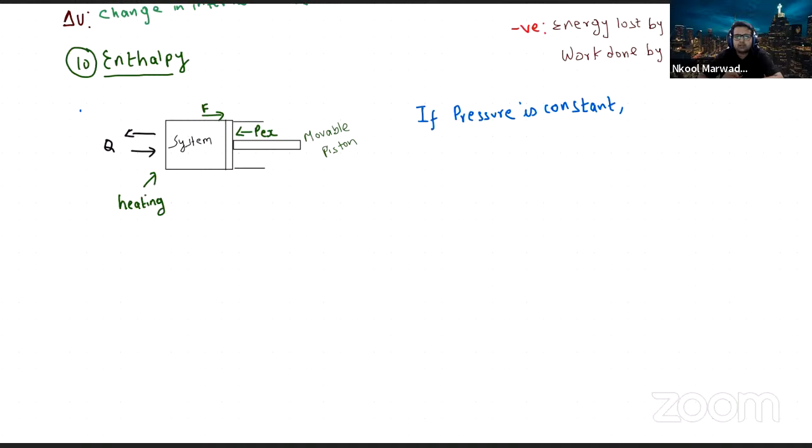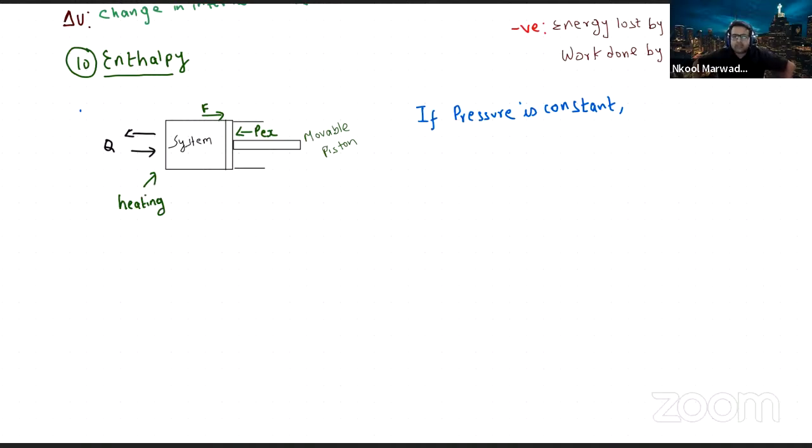Let us suppose pressure is constant, and I am doing work on the system, or the system is doing work on the surroundings. If any sort of work is done, that is possible only when there is a change in dimensions, a change in volume. Because what is work? Work needs displacement, some sort of significant movement. Change in dimensions it needs.